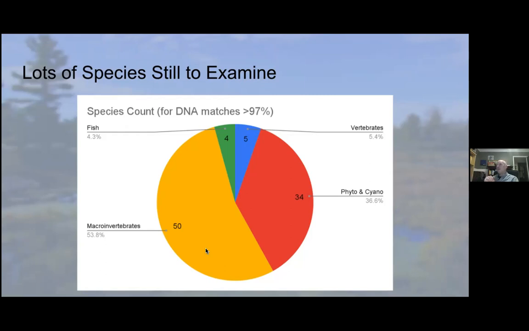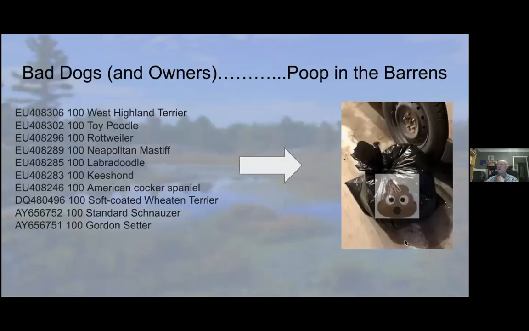We did have obviously one big disappointment in our findings, which was dogs. I mean, dogs are not allowed in the Carp Barrens, and we found a lot of dog DNA. So that unfortunately is a big bag of dog poop that was found in the spring. And one of the interesting findings was that dogs were found, muskrats weren't.